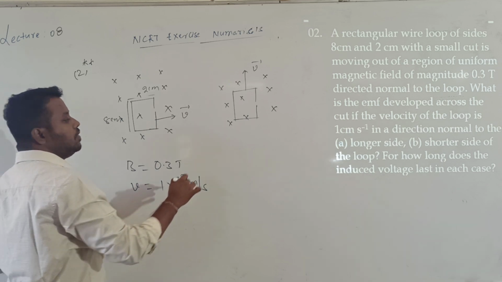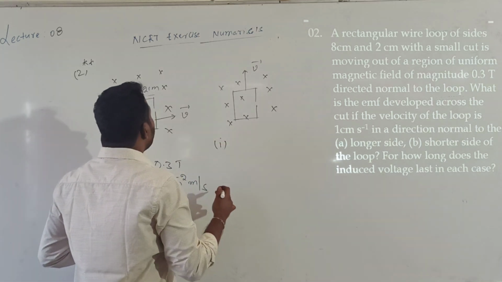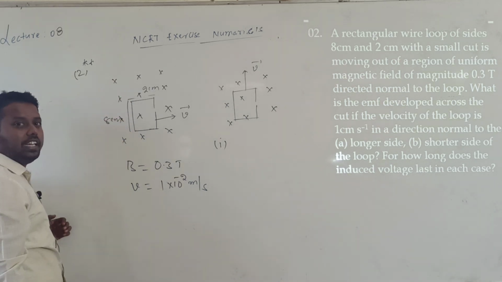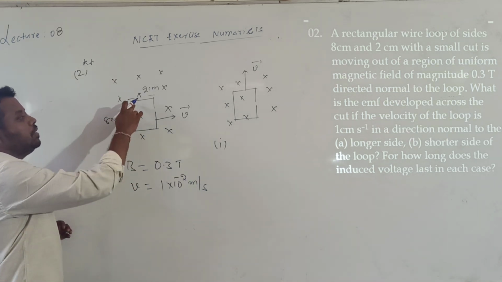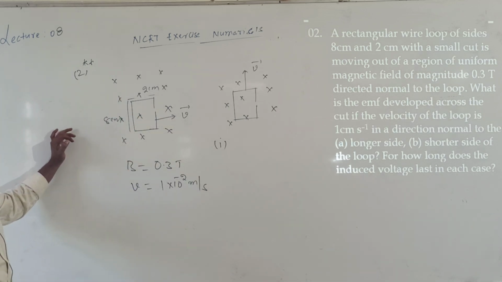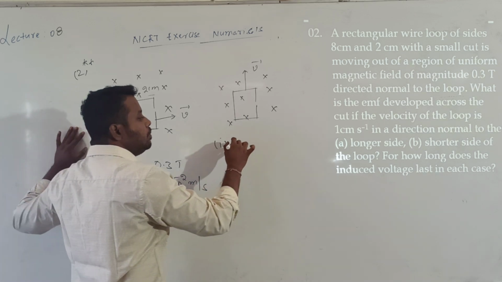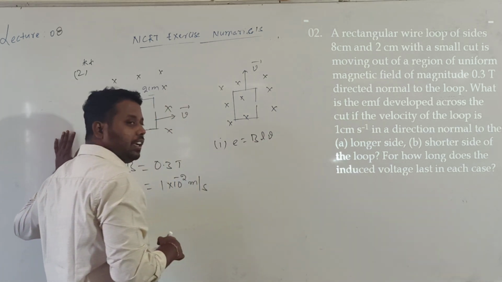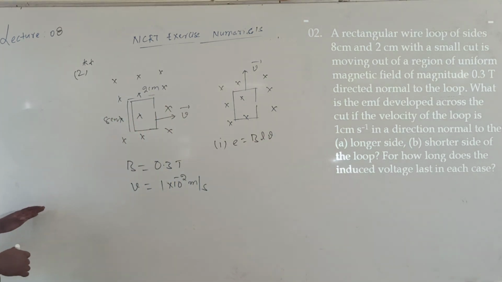Velocity given. What are they asking us to calculate? How much induced EMF will develop? First case. Induced EMF will develop here. Which one do I need to consider? Induced EMF will be developed across which side? Across the longer side or the shorter side? Longer side. So induced EMF, as in your rod formula, E is equal to B into L into V. Why B into L into V? Because B, L, V are mutually perpendicular.